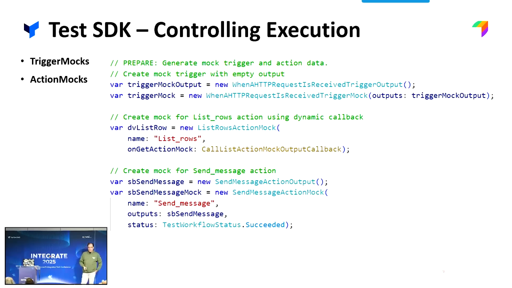And in my Service Bus send message, where I create a message, that's the funny one, because the only thing I need for Service Bus in this case is making sure that it worked or not. I'm not actually sending the data, I'm just mocking that the data was sent successfully. So in this one, I can just say yes, succeeded. I don't need to create an output, because there is no output for me to come back apart from yay or nay. But in some others, like the Dataverse, I need the output back.